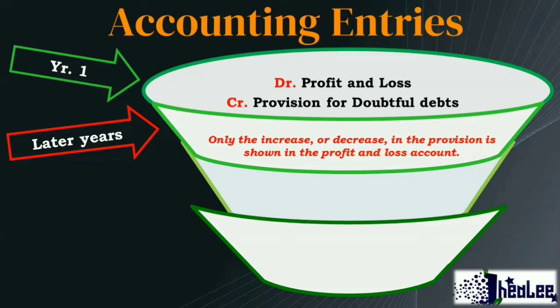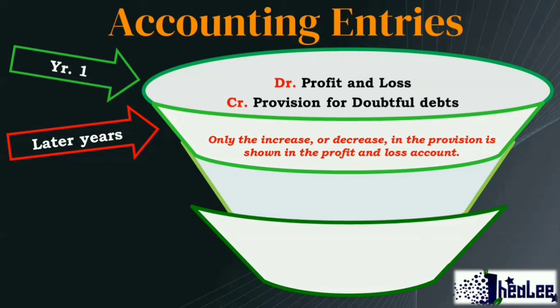Only the increased value is recorded in the accounting book, in the profit and loss account for provision for doubtful debt. But I mentioned only increase or decrease. You may be wondering, how do we treat these in the accounting records? Which account we're going to debit, which account we're going to credit.